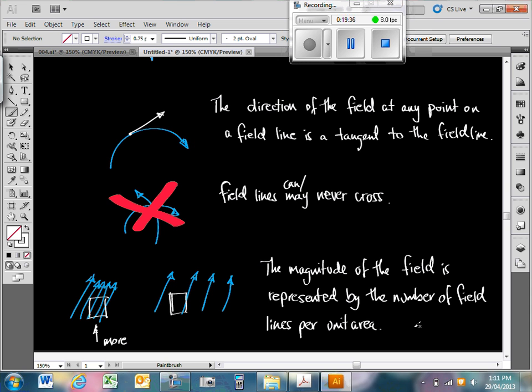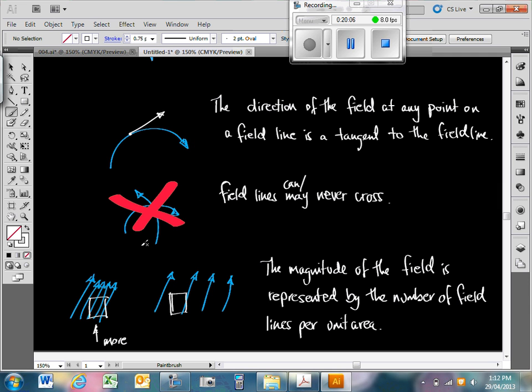Is that too ambiguous now? Question. Please. Yeah. Can they cross over a little bit?